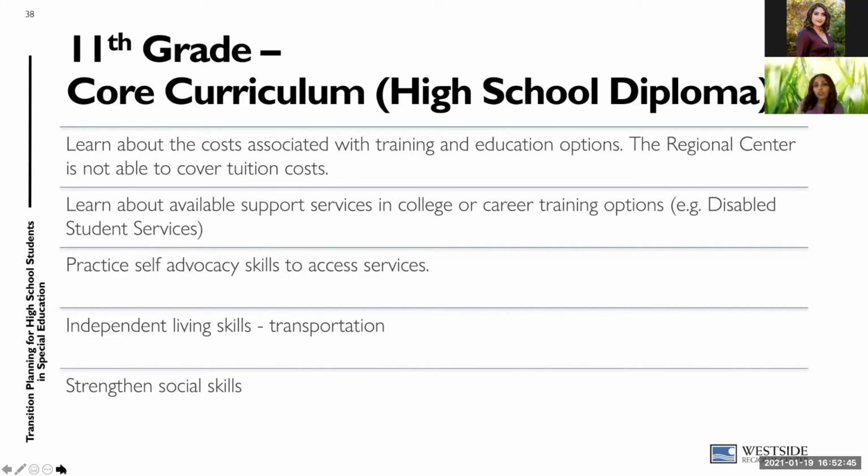Being able to cook for yourself if the cafeteria is closed, things like that. So we have to be able to teach these skills before the child leaves home. Also, transportation. How do you get around? Do you need a bus pass? Do you know how to drive? Depending on the child's skills, we should be working on these things.